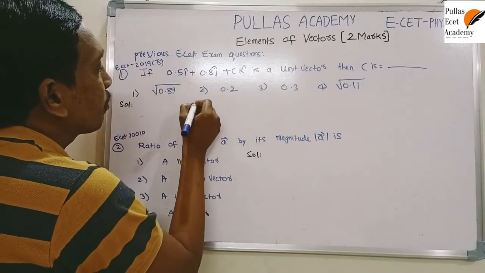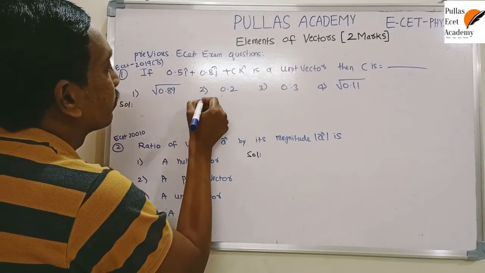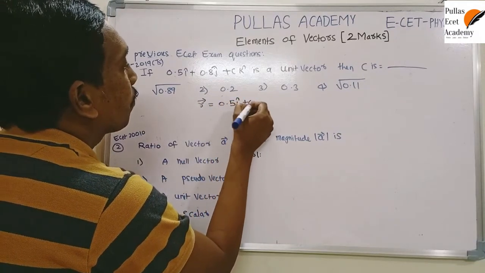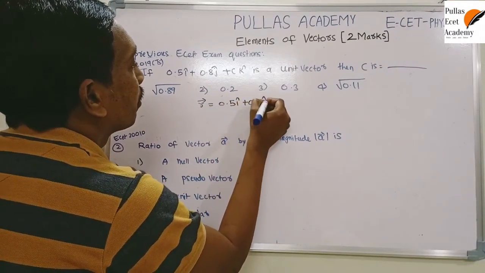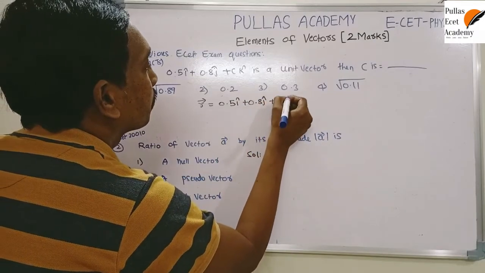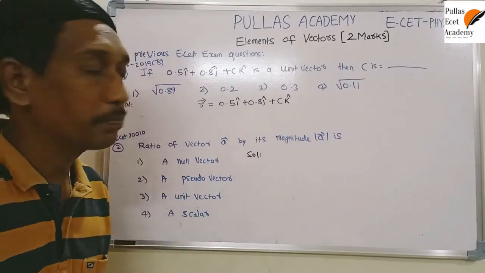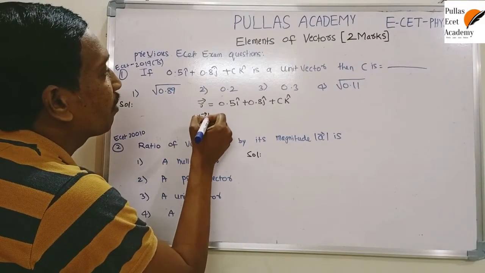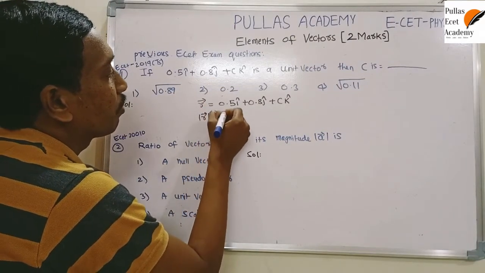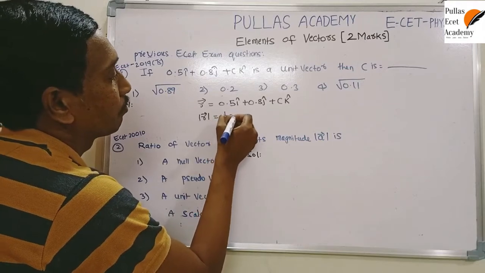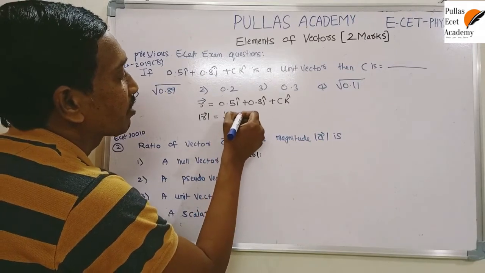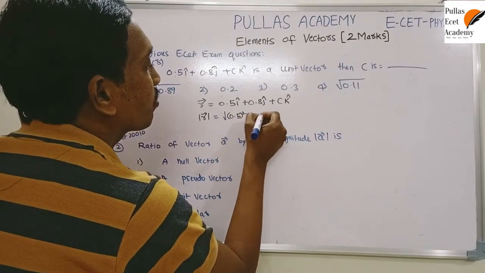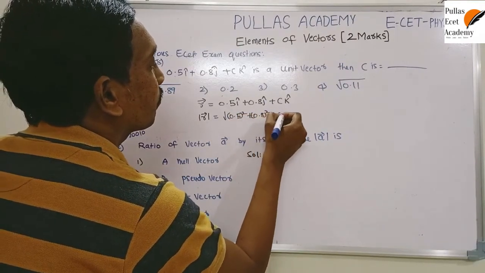Suppose I consider this complete vector as r bar. R bar is equal to 0.5 i cap plus 0.8 j cap plus c k cap. Its magnitude, by the formula under root of x square plus y square plus z square, is under root of 0.5 whole square plus 0.8 whole square plus c square.